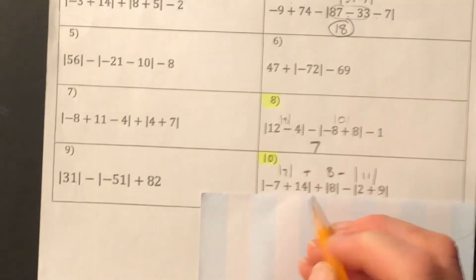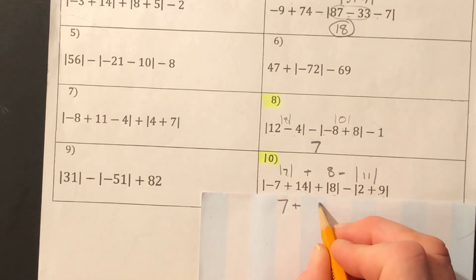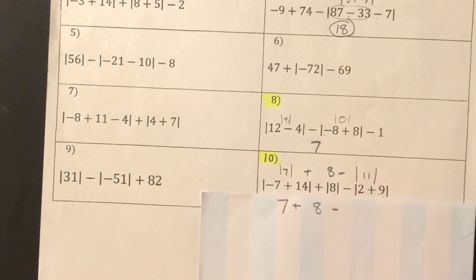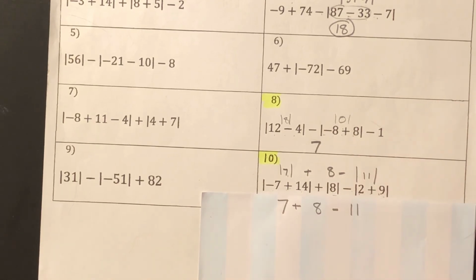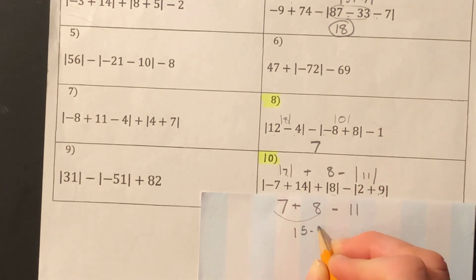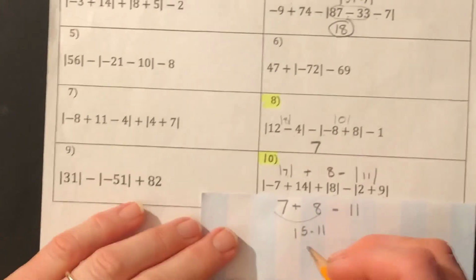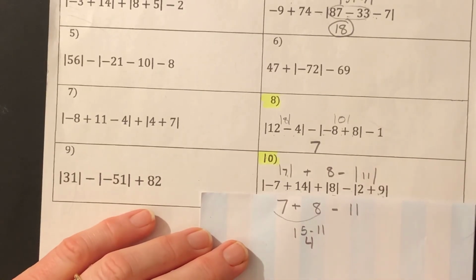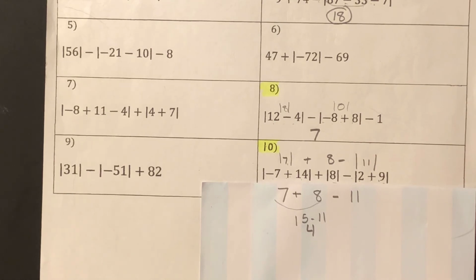The absolute value of 7 is 7 plus 8 minus 11. 7 plus 8 is 15. 15 minus 11 is 4. The value of number 10 is 4.